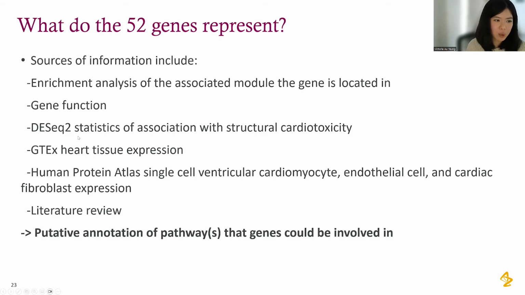We also went back to our differential expression analysis and looked at the significance of association with structural cardiotoxicity. But also we were interested in where these genes were expressed. So we looked at GTEx for heart tissue expression of these genes, as well as human protein atlas to give us an idea of the single cell expression of our genes in cardiomyocytes, endothelial cells, and cardiac fibroblasts.